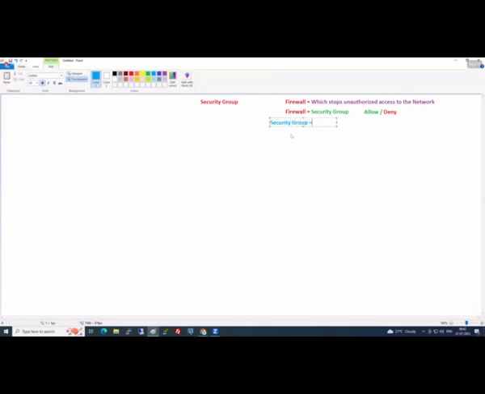Now I'll form the definition of security group simply. Security group, SG in short. Security group stops unauthorized access to the EC2 instance. Security group is used to secure the EC2 instance.